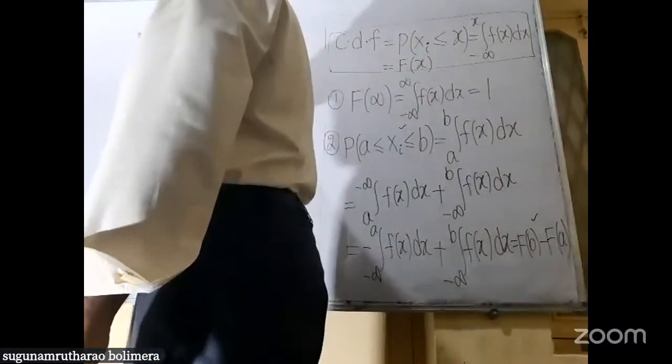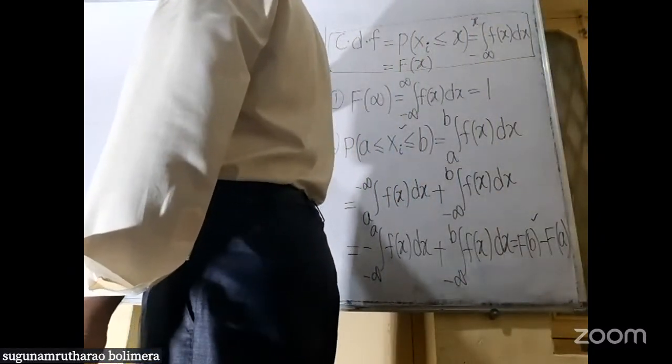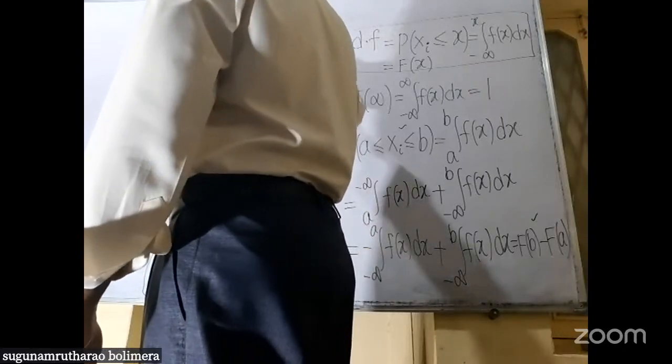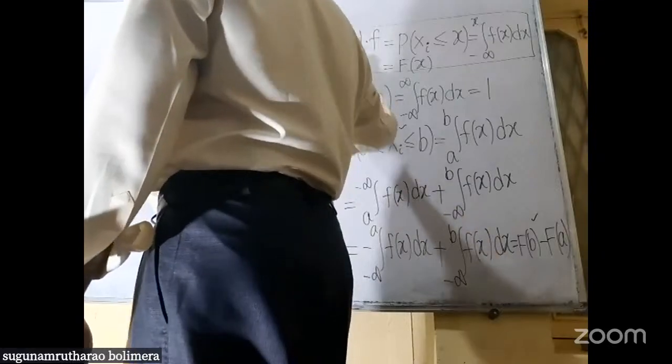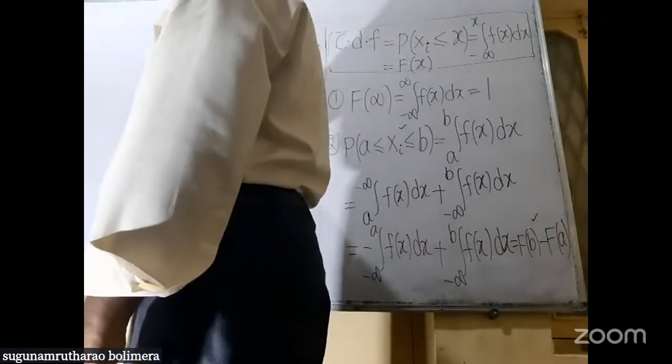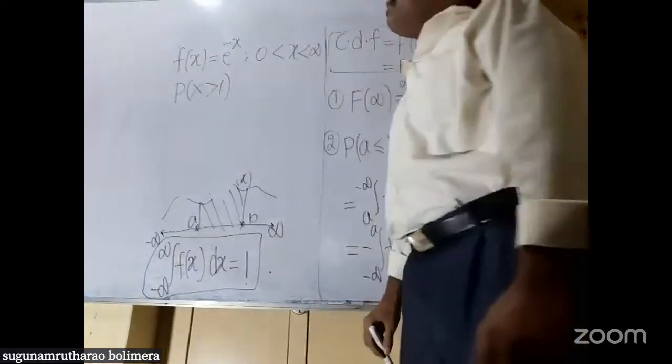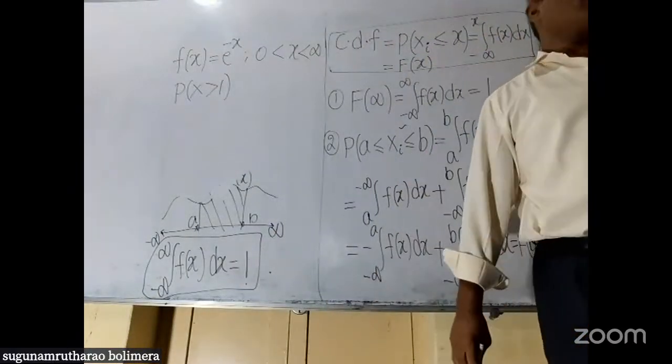So given f of x equals e power minus x, 0 less than x less than infinity, and we have asked P of x greater than 1. Am I right?